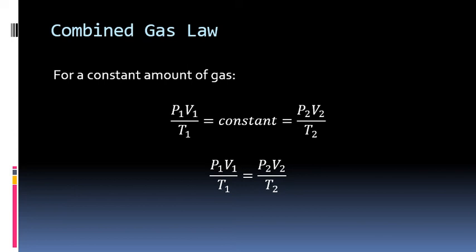Therefore, the pressure, volume, and temperature in one scenario for a gas will equal the product of pressure and volume divided by temperature in another scenario for that gas. Or in other words, P1 V1 divided by T1 equals P2 times V2 over T2.